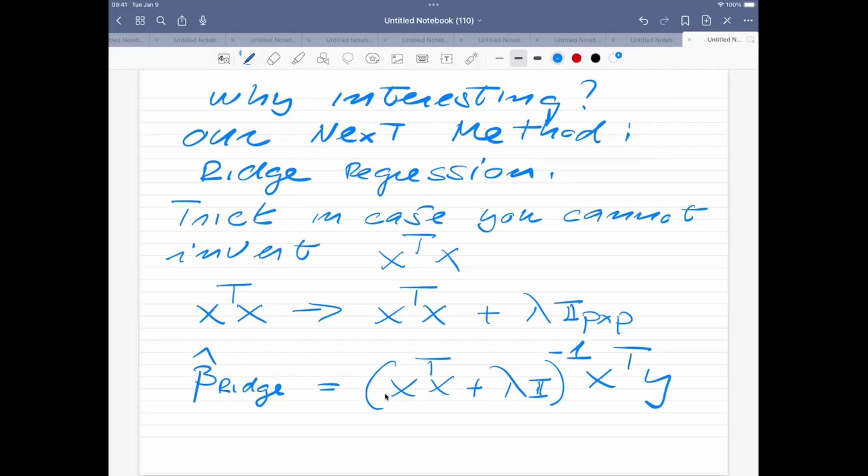Now, we can actually get a deeper way of looking at this specific method from an optimization point of view. And later you will see this coming from a statistical point of view, where we're going to use Bayes' theorem. So this is just a cheap trick, right?